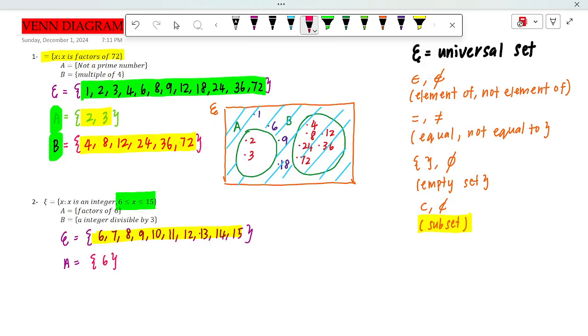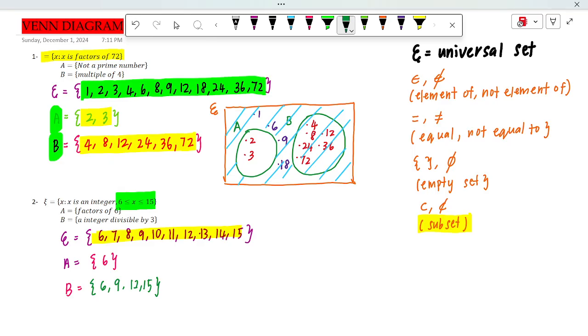Don't take any other numbers because it's not in your universal set. B. B is an integer divisible by 3. So what are the integers that can be divided by 3? 6, 9, 12 and 15.